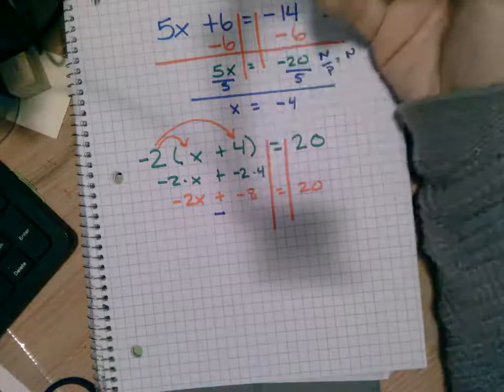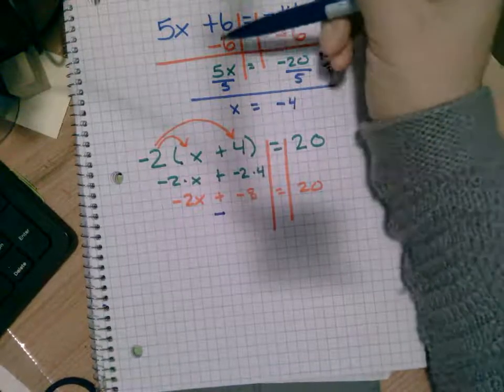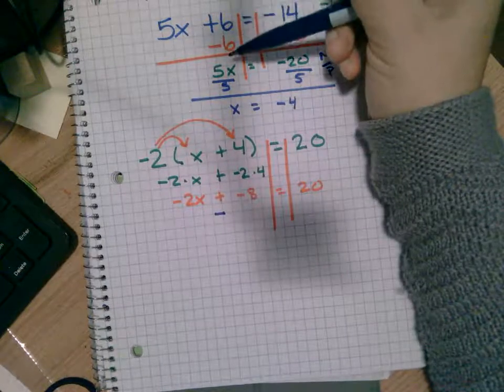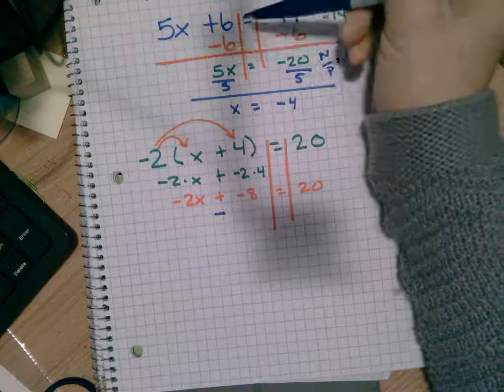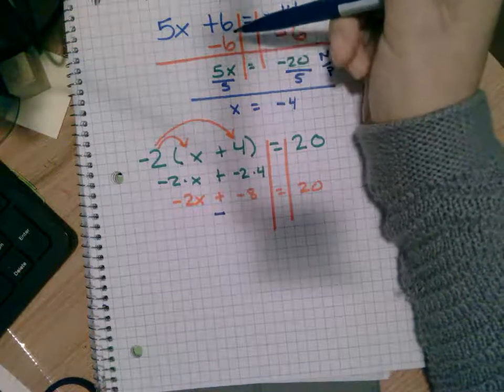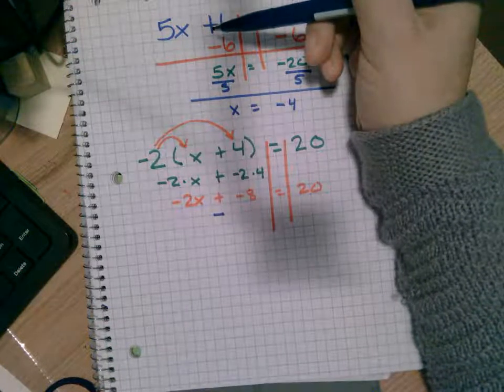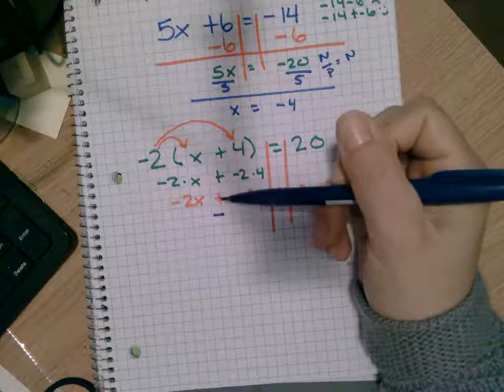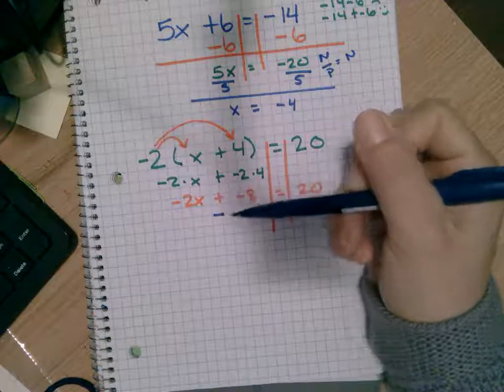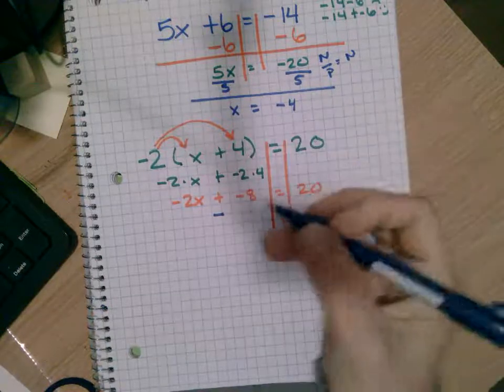The answer is no. So you see up here, I just wrote -6. So the 6 stays the same. The only thing that changes is your operation, not your number. So here, the operation is different. The number stays the same.